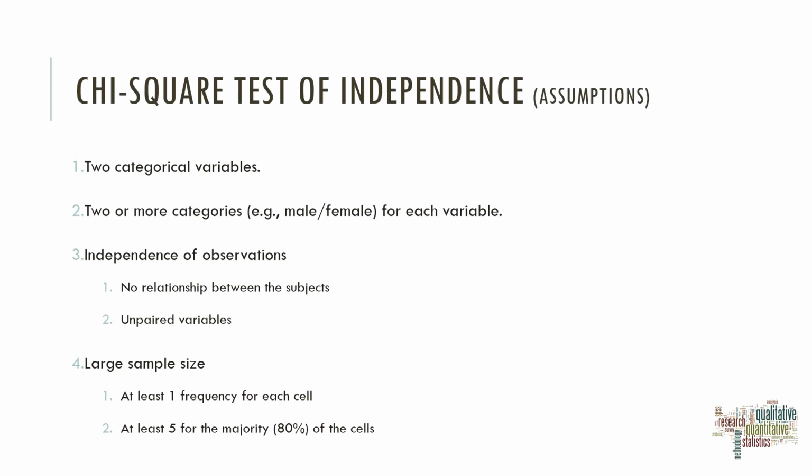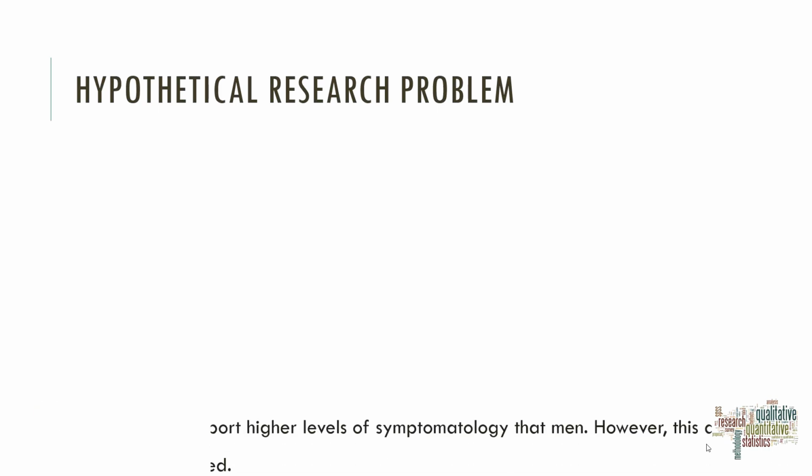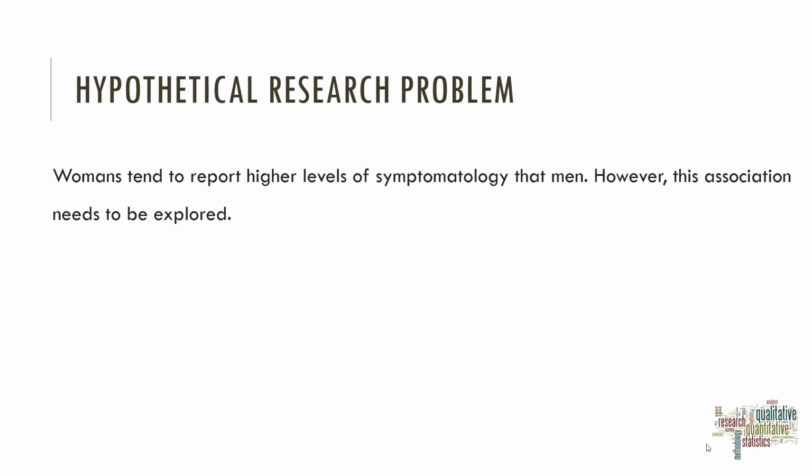So now let's go to another hypothetical research problem, and this problem is made up by me, just for educational purposes, just to illustrate how we can apply the Chi-Square in SPSS. So, women tend to report higher levels of symptomatology than men. However, this association needs to be explored. It's just a made-up problem.